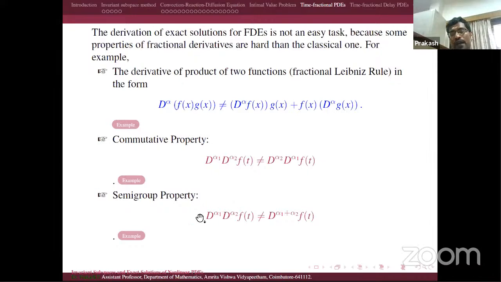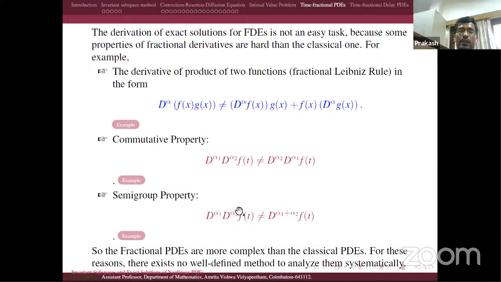It is true if alpha 1 and alpha 2 are both equal, or both are integers, or either is an integer. So fractional PDEs are more complex than classical PDEs. For these reasons, there exists no well-defined analytical method to analyze them systematically, because many classical methods we can't extend to fractional partial differential equations due to these properties.